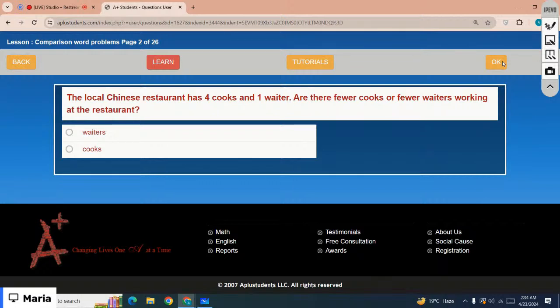The local Chinese restaurant has 4 cooks and 1 waiter. Are there fewer cooks or fewer waiters working at the restaurant? So they have 4 cooks and 1 waiter.